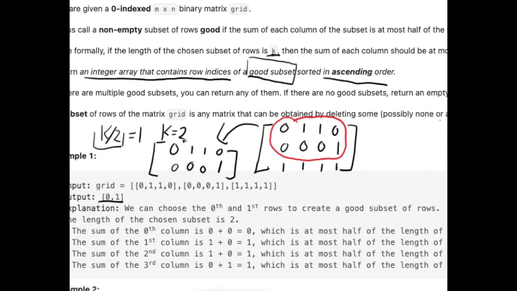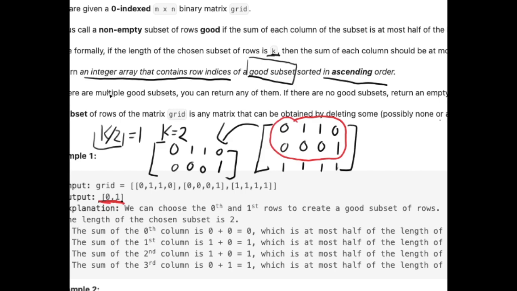This is good as well, and you just continue, and it's good as well. Then it seems like everything is good, so that's why we're returning 0 and 1. There could be another answer for this, but in this input, I think there's only one answer. So we have to output this 0 and 1.